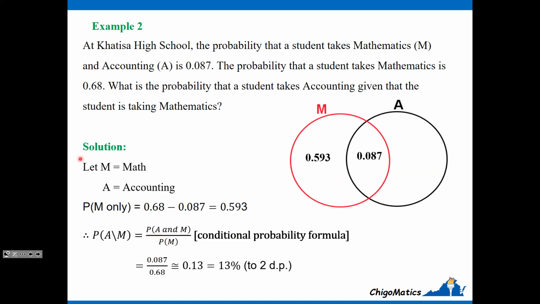Then the probability of M is what we have here. Then we plug it in: approximately 0.13, which is 13% to 2 decimal places. So you see, presenting the information in the diagram, like I said, is for you to understand what is going on, so that even if at some point you don't realize that 0.68 is the probability of taking mathematics, once you have put it in the diagram, you could add all that is inside, and then obviously you see that it will be 0.68.